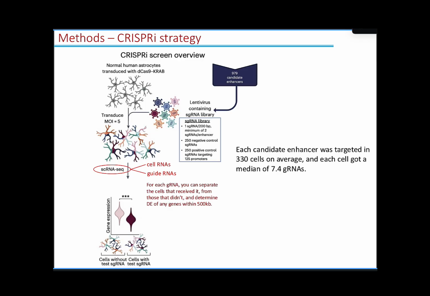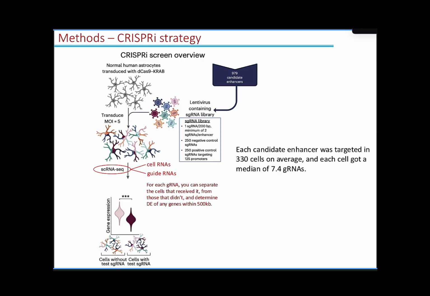And those guide RNAs were designed to target different regions of each of those 979 candidate enhancers. So each lentivirus carried dead Cas9 and one guide RNA. But you have millions of different lentiviruses which collectively carried guide RNAs, not more than one guide RNA for each of the enhancers that they wanted to test.